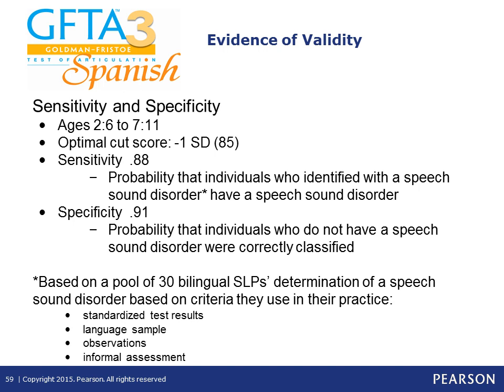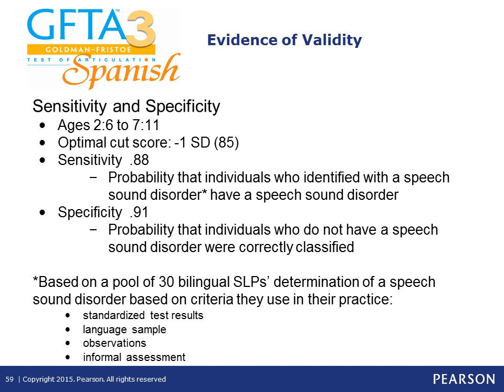More evidence of validity is found by looking at sensitivity and specificity. For ages 2-6 to 7-11, the optimal cut score is 1 standard deviation below the mean, which yields a standard score of 85. The sensitivity, which is the probability that individuals who were identified with a speech sound disorder have a speech sound disorder, was 0.88.